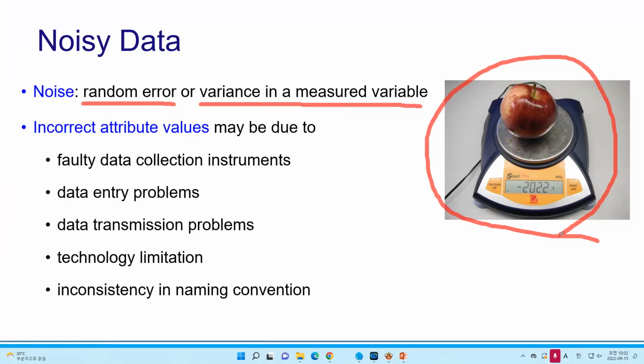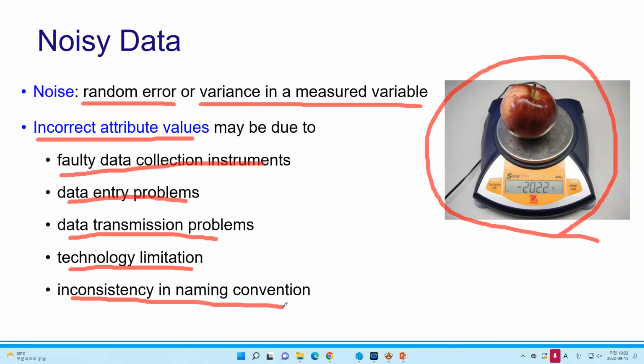Incorrect attribute values may be due to faulty data collection instruments or data entry problems. If you look at the date of birth data, it might be a data entry problem. Data transmission problems: maybe the internet connection is limited, so some data has been sent, but it is not correct. Technology limitation or inconsistency in naming convention.